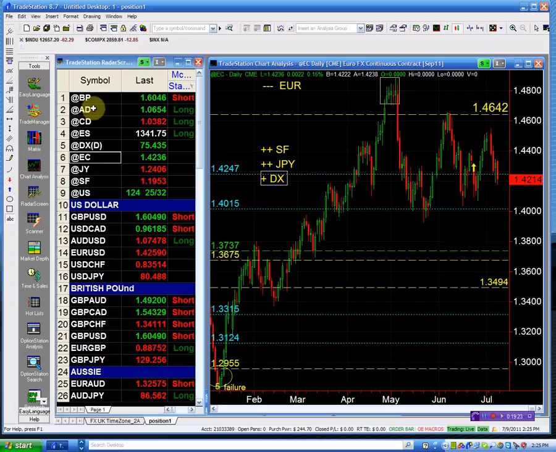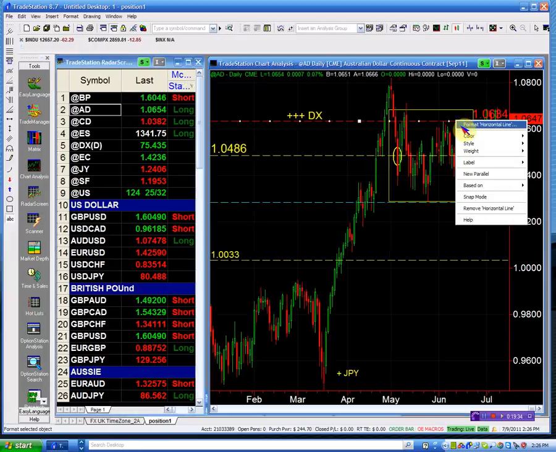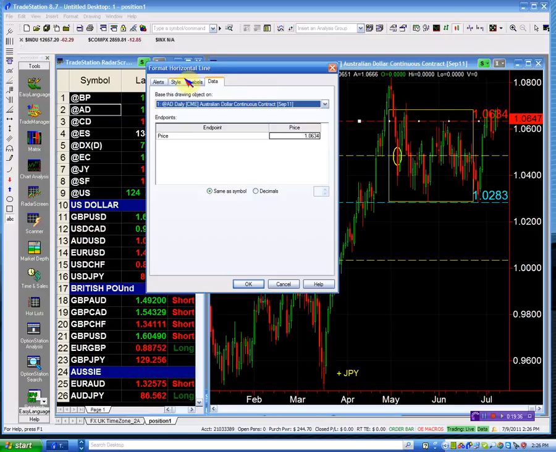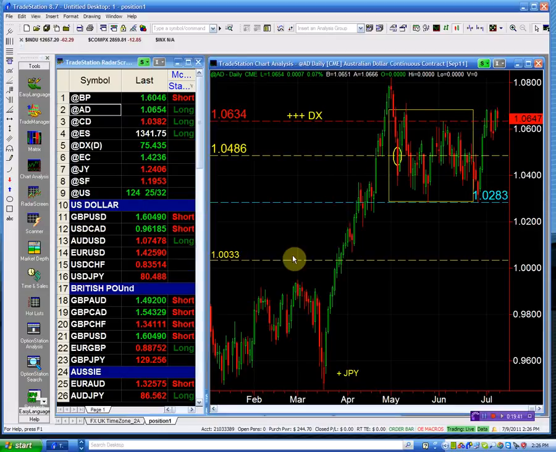The Aussie and the CAD are sitting right above that structure point. The bias is to the upside, but I really need to see that it clears.